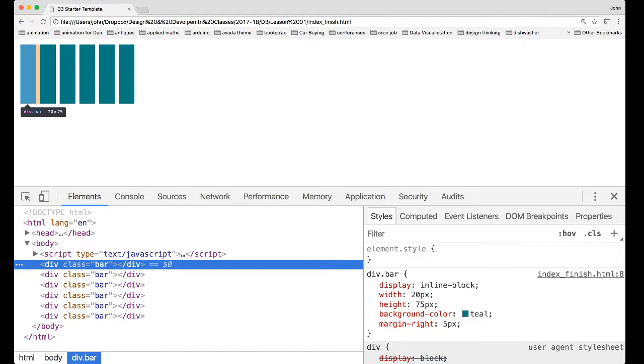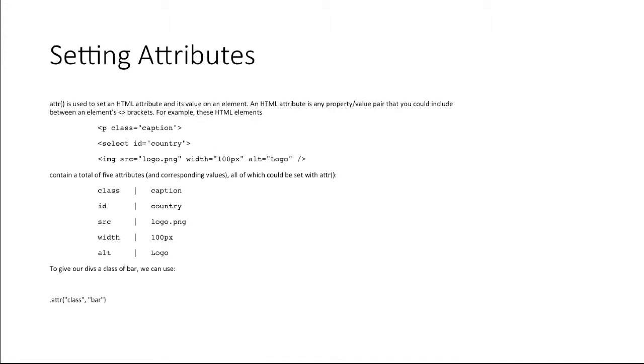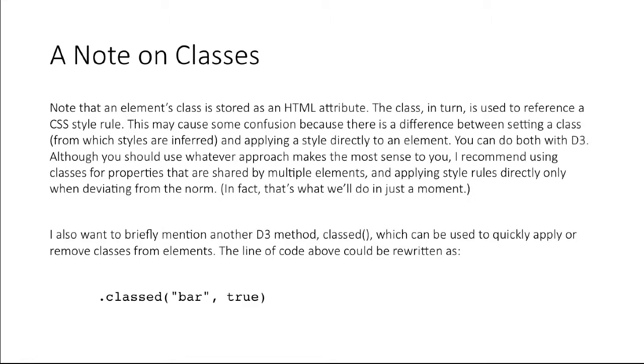So let's go back to PowerPoint and just look at these. So here are examples of attributes. If you want to change the source of an image, the attribute is source and the value is logo. Now what's important to understand is that there is also another function. When we want to add a class, we can just write .attr class and the name of the class.